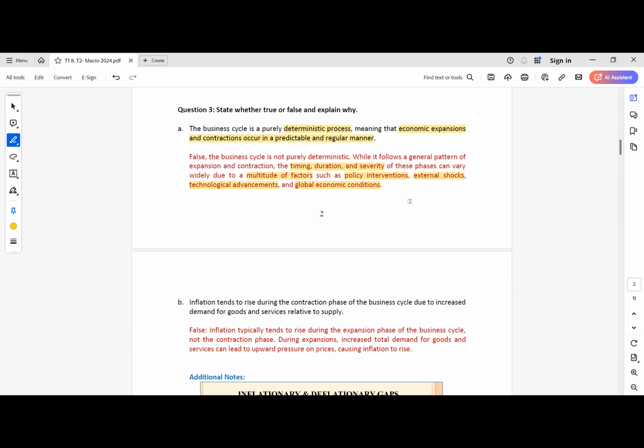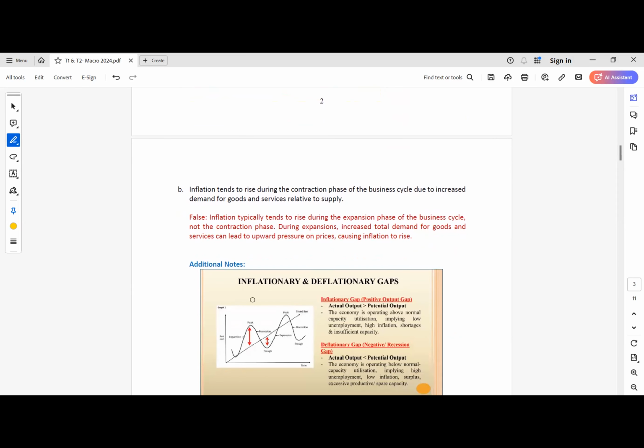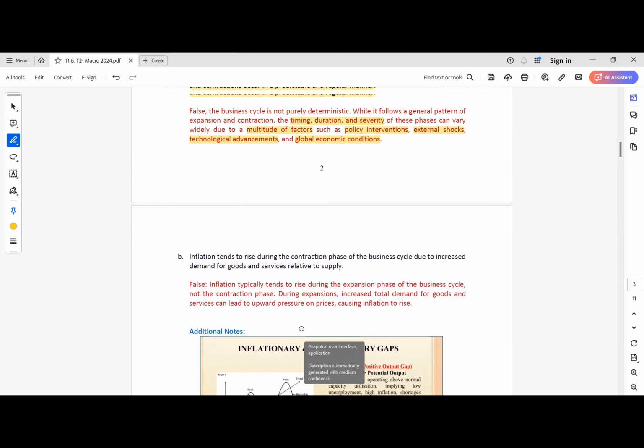That means although you know that in the economy there will definitely be ups and downs, every time the timing and the impacts are uncertain. You do not know how long it lasts. So therefore it's not deterministic. The shape of the business cycle will be something like this, as I put it in your notes over here. You can see ups and downs, but you do not know how long it lasts and the impacts.